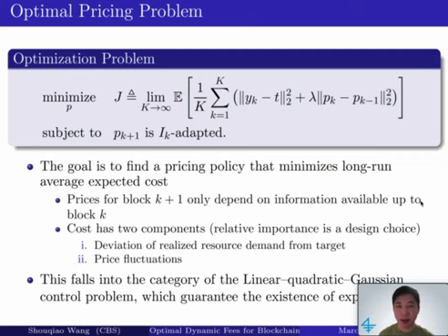And so under this setting, this optimization problem falls into the category of linear quadratic Gaussian control problems, which is a celebrated dynamic programming problem, which guarantees the existence of an explicit solution.